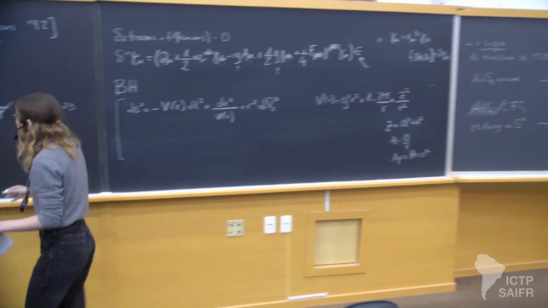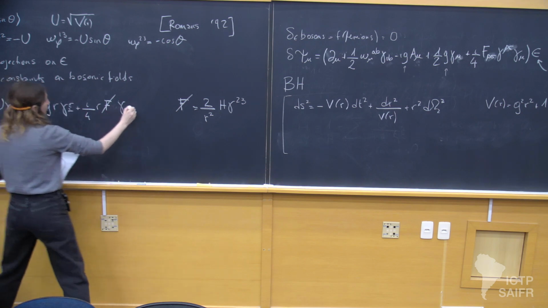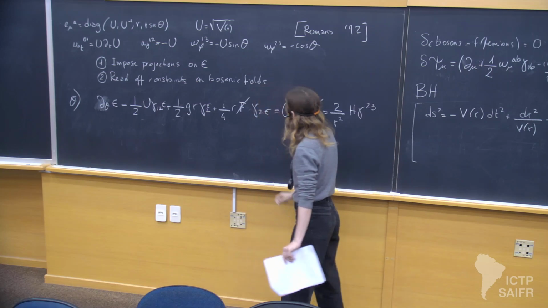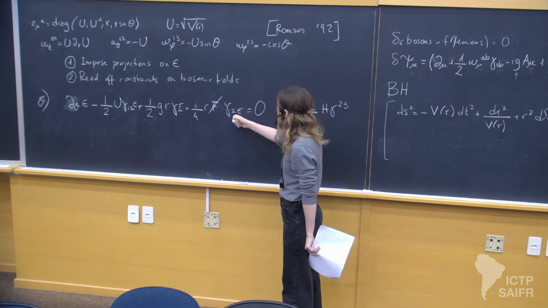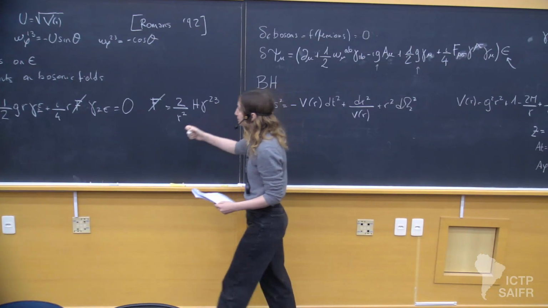I also forgot here, because this is always acting on the spinor. So we need to impose this equation equal to 0. The point is that here you have, for instance, gamma 2 epsilon, which is multiplied with another gamma 2, 3.